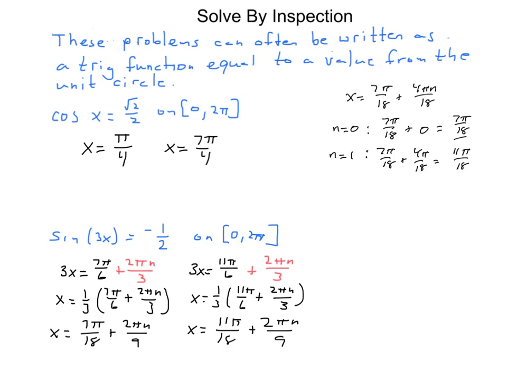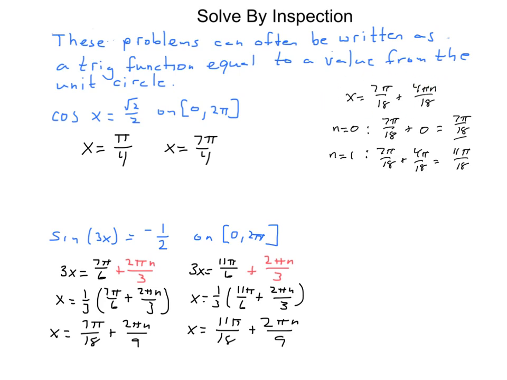And so when that happens, I know that I can generate every solution here by just plugging in integer values starting with 0 until I get something bigger than 2 pi for n on that piece.